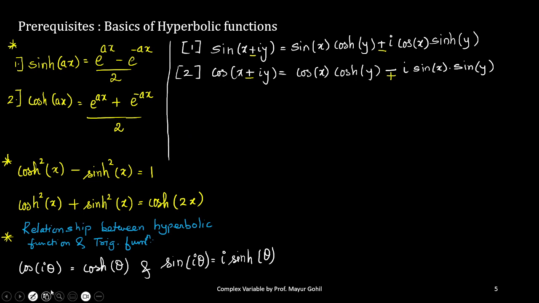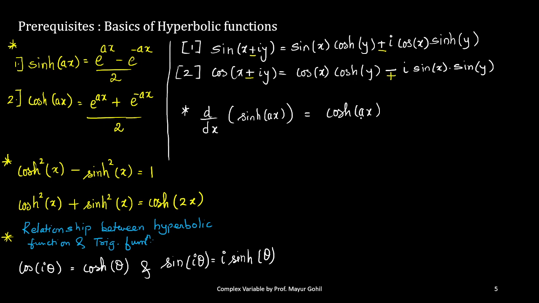Now let us see another important formula regarding the derivatives. Here we have d/dx of sinh(ax). If we take the derivative of sinh(ax), we get cosh(ax), and when you take the derivative of ax you get a, so the formula becomes a cosh(ax).